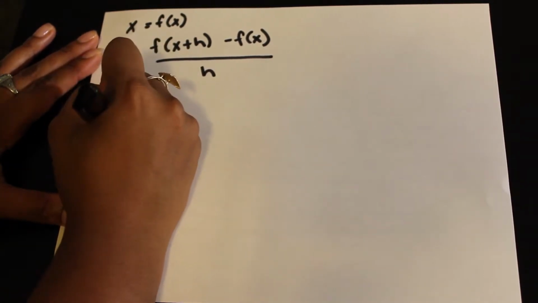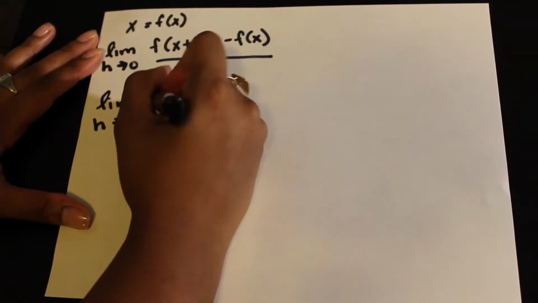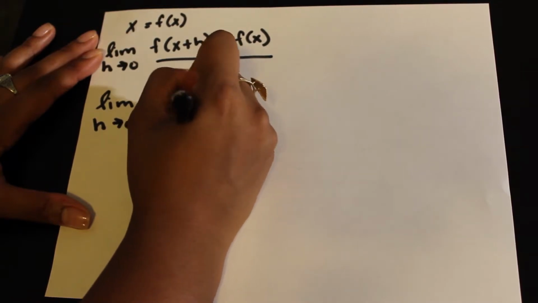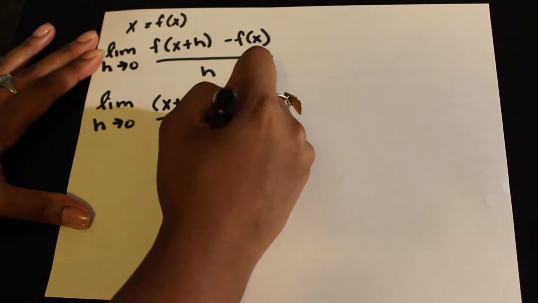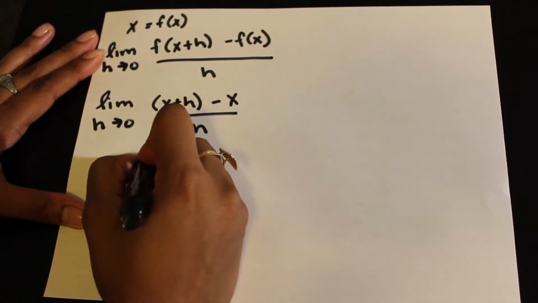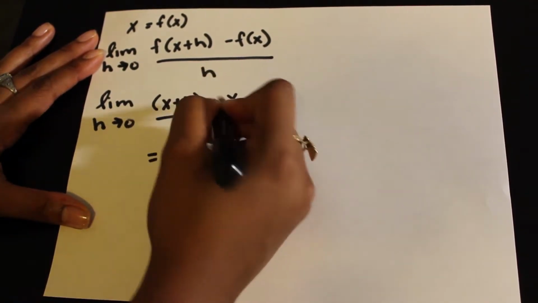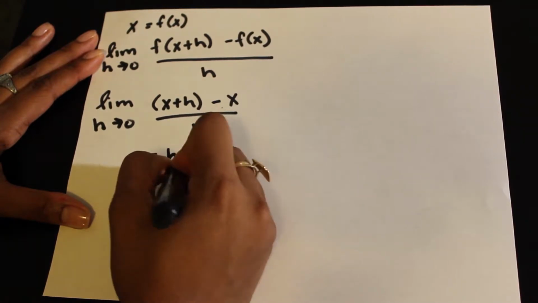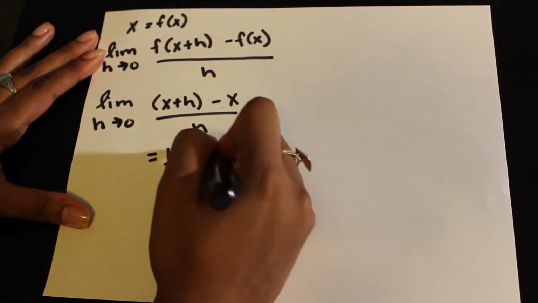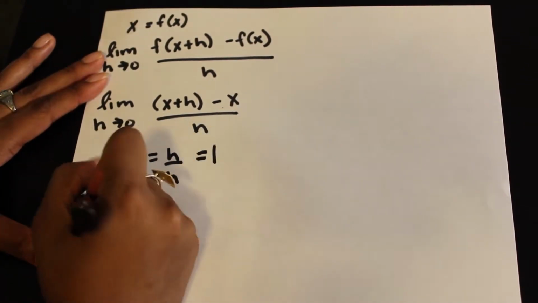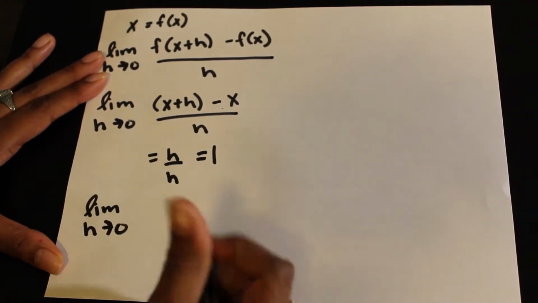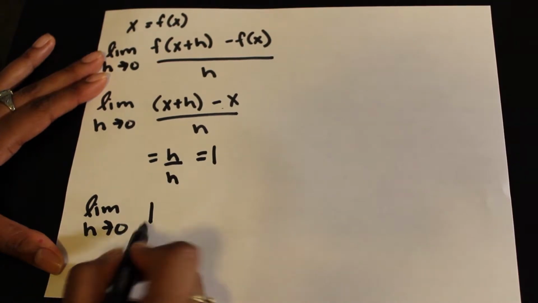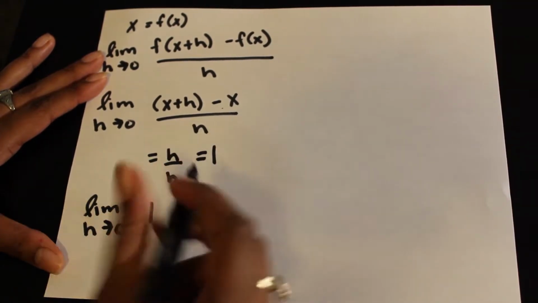We have the limit as h approaches 0 of x plus h minus x all over h. Now we can simplify this. x minus x is h over h, which is just 1. So the limit as h approaches 0 of 1 is just 1.